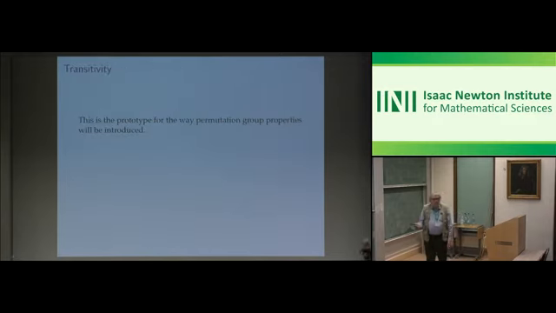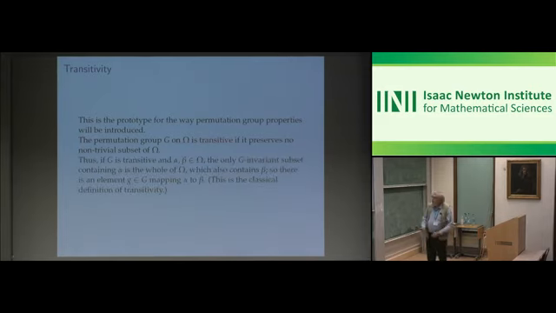But so what does it mean for a group to be transitive? It means it preserves no non-trivial subset of omega, right? So the usual definition is that if you have any 2 points of omega, you can map one to the other by some permutation. Why is it the same? Well, suppose that there are no non-trivial subsets preserved by G, and let's take 2 points alpha and beta.